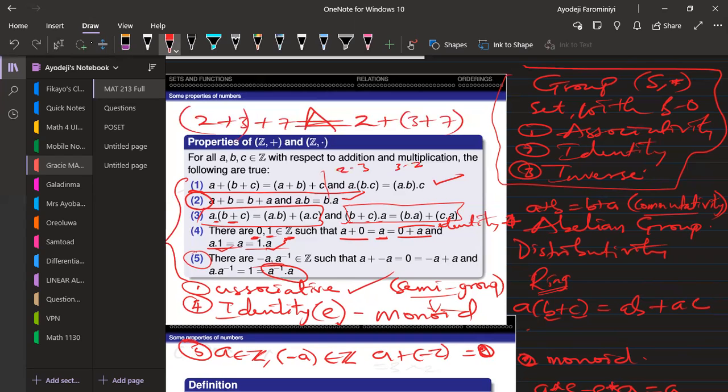Do you remember why I said statement number 5 is not correct? I think you said they will just have 1 and -1. So not all, it is only one element of the integers that has a multiplicative inverse.